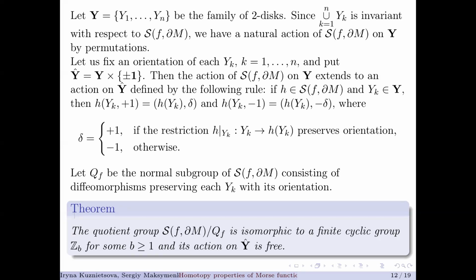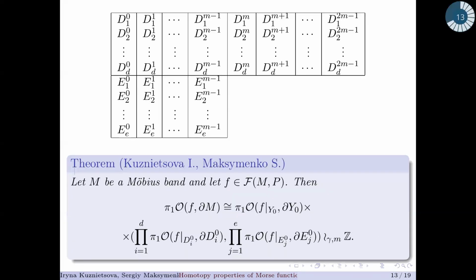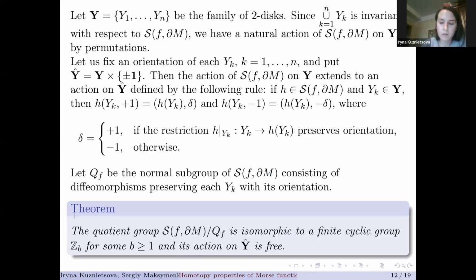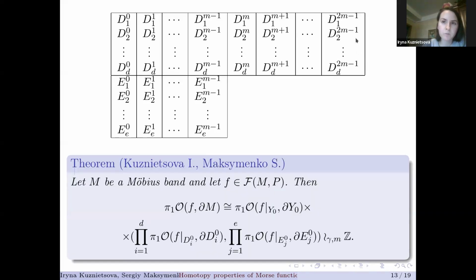Thank you. So we have that our cyclic group permutes disks, and the length of the orbit of a generator is b. So we have two cases. The first case is where b is even, so let it be 2m, and in this case we have two situations.